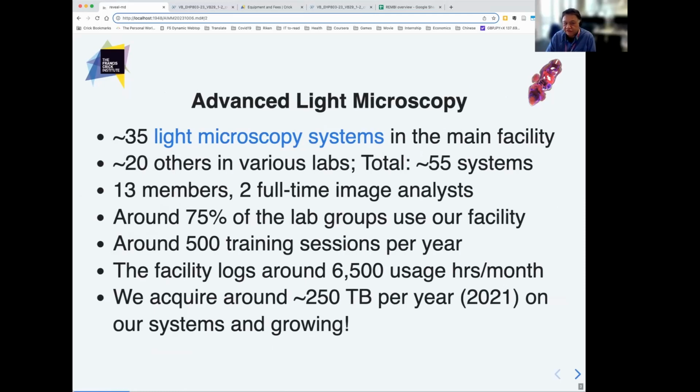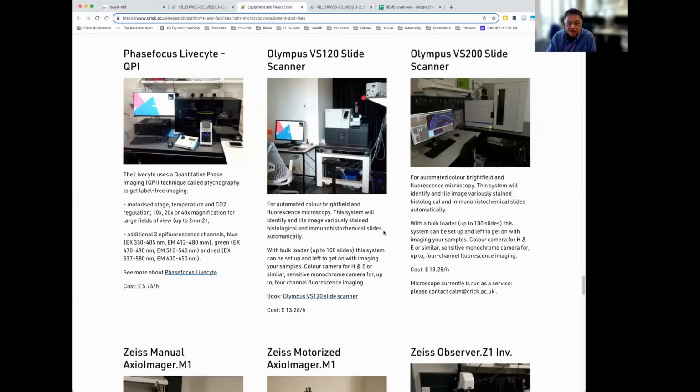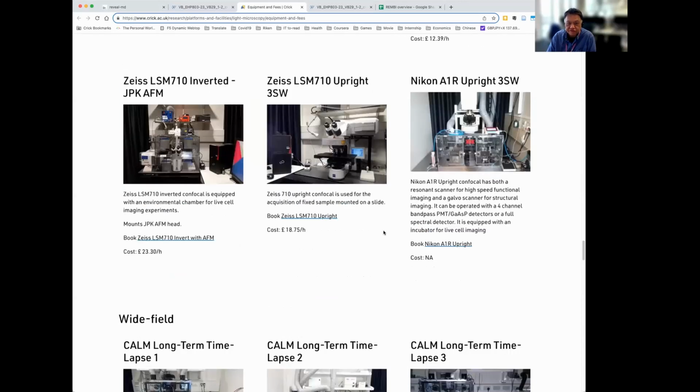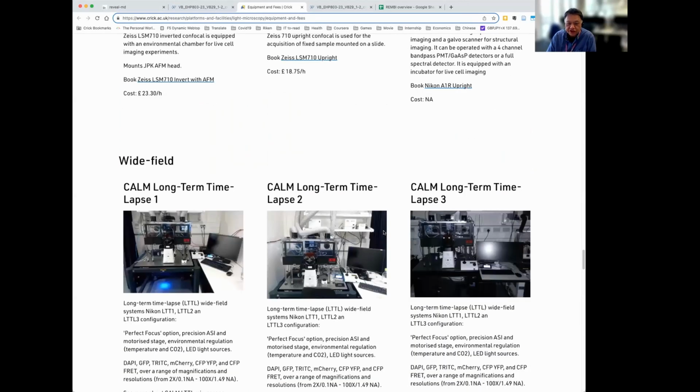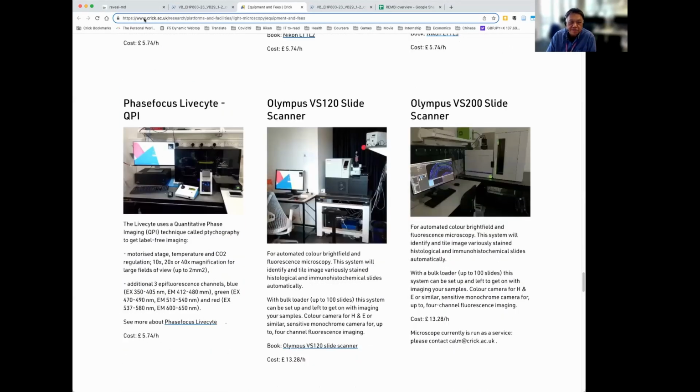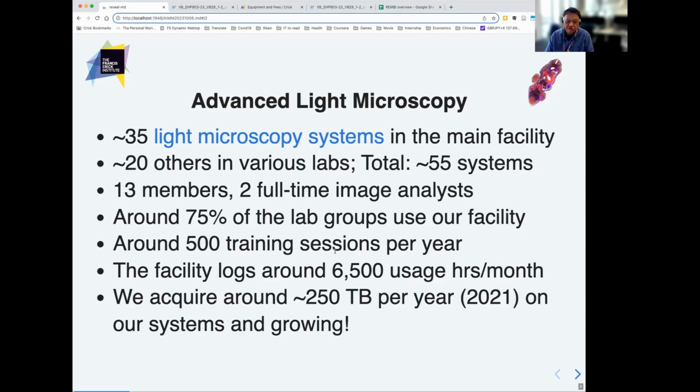We have something like 35 large systems, about 20 others, a total of about 55 systems. You can find some of our systems listed under equipment, so you can find all sorts of different systems that we run. In particular, I mentioned some of the slide scanners. We also have the Zeiss scanners at the EHP facilities.